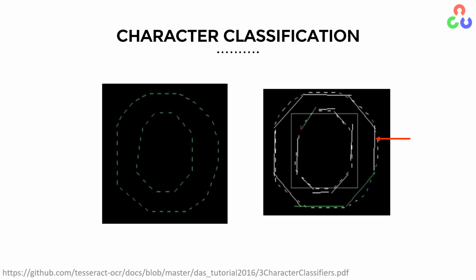So they say that if you have an O, then the O should have these kinds of lines, and then it should have another set of lines in the interior. But during recognition, they did not need these lines to be precise. They broke the lines into very small segments, and then they simply checked whether they followed this pattern or not. So very simple ideas, but it is all engineering. There's a lot of work that goes into these handcrafted features.